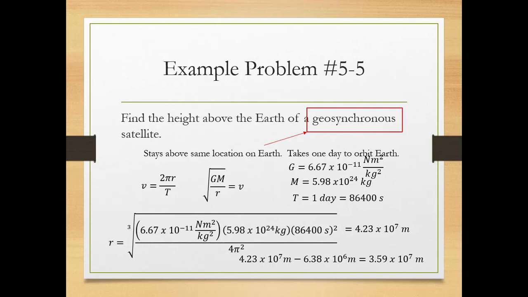If you're interested, you could divide that by 1,000 to get 3.59 times 10 to the 4th kilometers. That's about 36,000 kilometers above the surface of the Earth. That's really far. So you can see the disadvantage of doing this if you're trying to look at what another country is doing all the time.